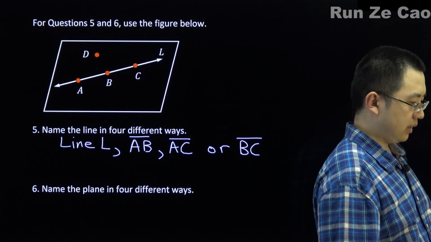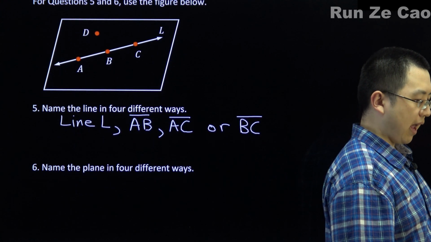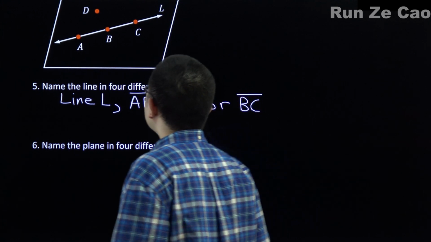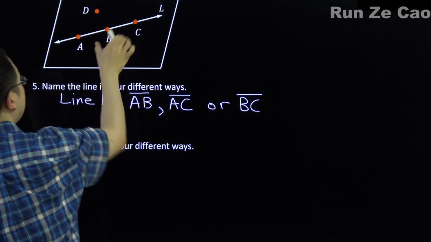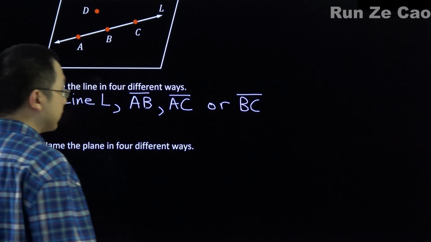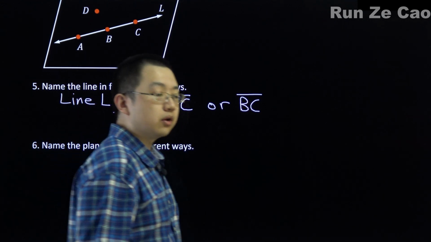Okay. If you're looking for the magnitude of BC, like say you put absolute value symbols, that means you want the length of line segment BC. But if you're just talking about line through B and C, well, this is okay.